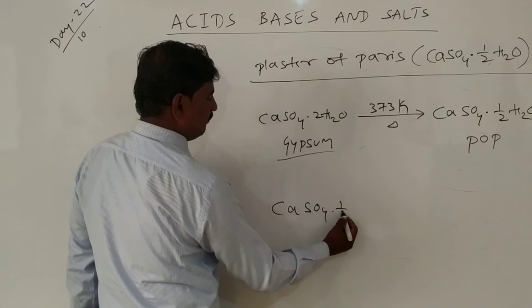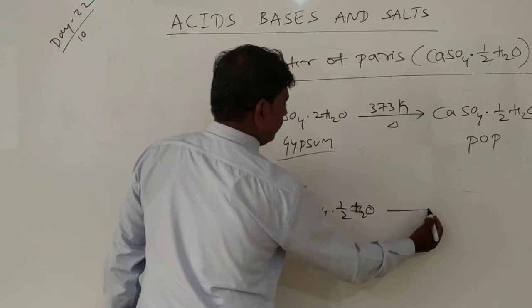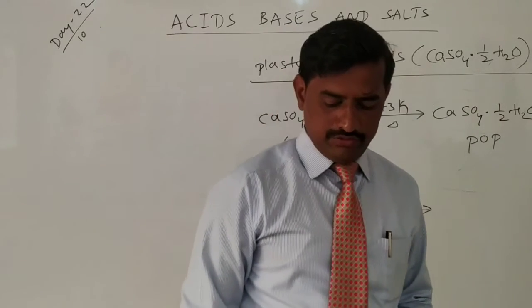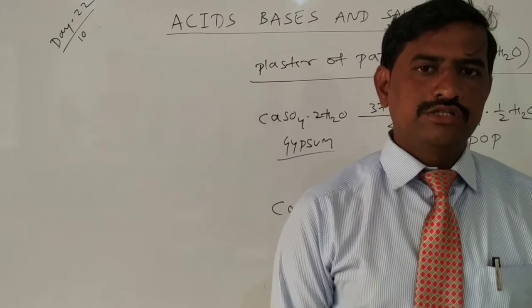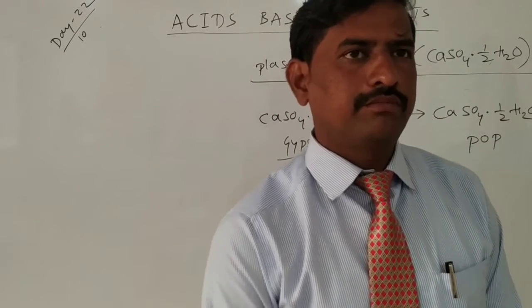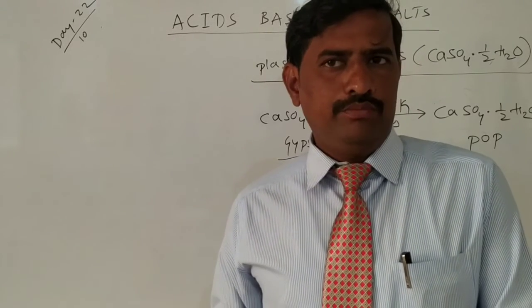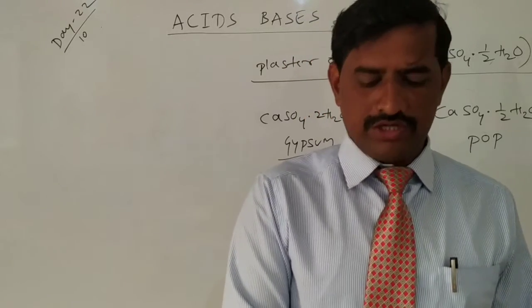CaSO4·½H2O. By taking water it will again turn into gypsum. From gypsum, by heating, we get POP. Again by adding water, the POP becomes gypsum.